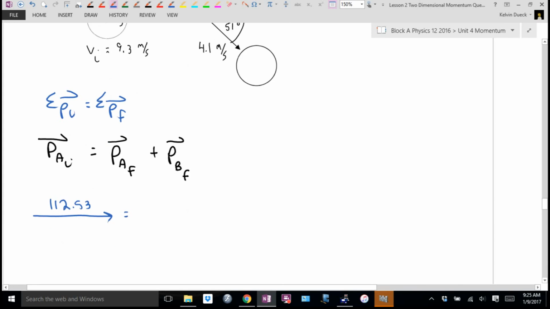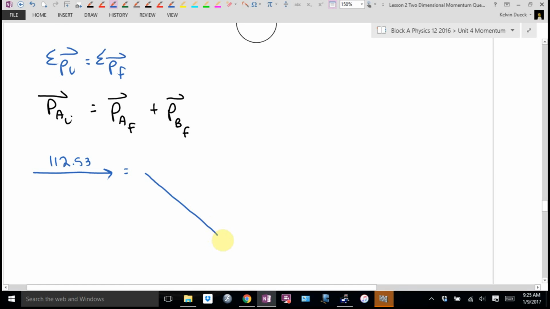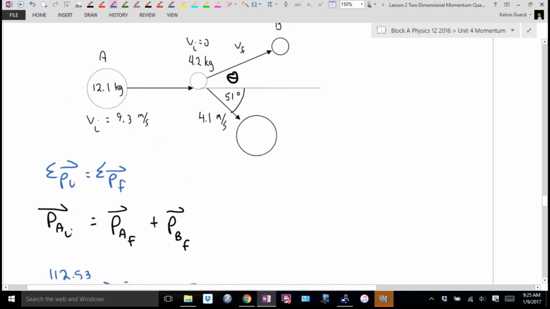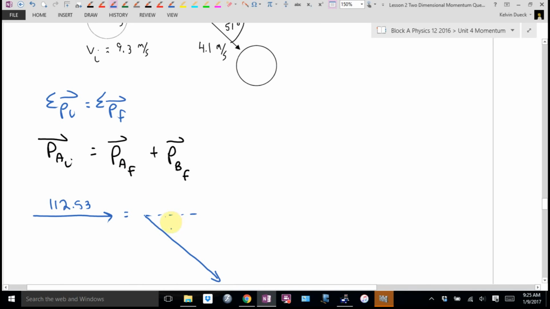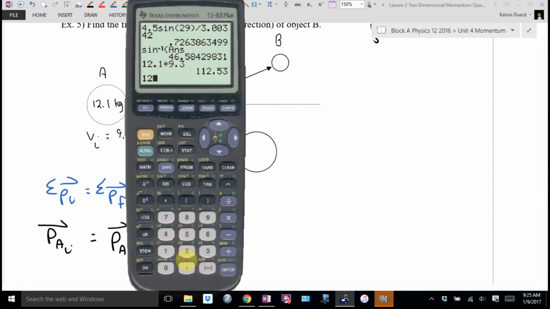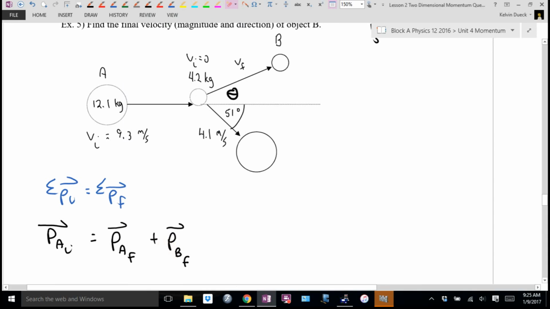Looks like momentum A goes this way. There's a little 51. I was writing the velocity there. 51 degrees. And it's got a mass still of 12.1 times 4.1, which is 49.61.